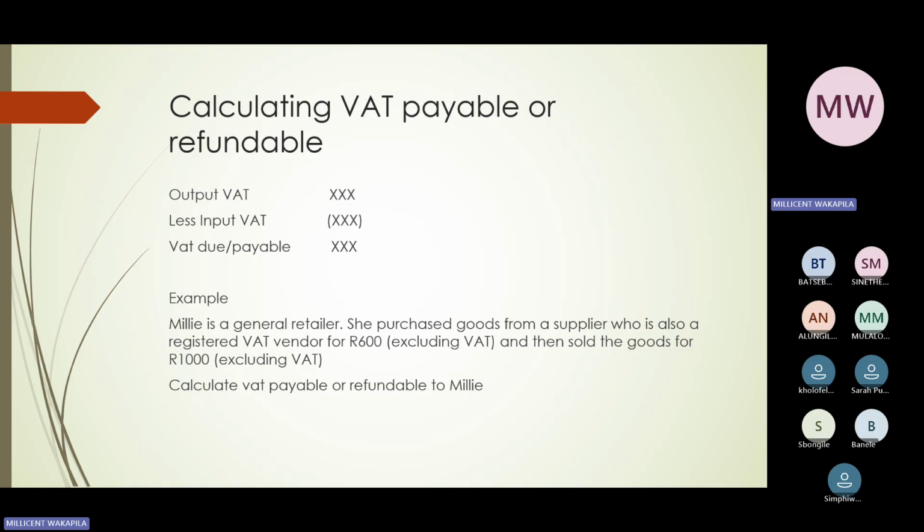So if you're in an exam, and already at the beginning of the scenario they told you that Millie falls under category A, and now you know that category A is on a 2 month base, and then they say that the 600 that she got is on a monthly base, you're going to have to say 600 multiplied by 2 months, because when you're a category A VAT vendor, it means you calculate VAT on each and every 2 month period.